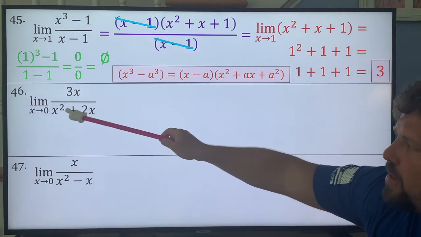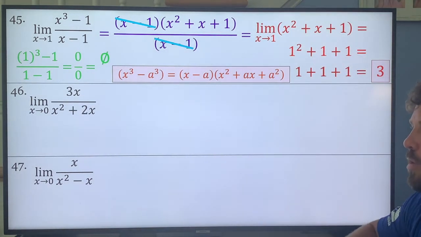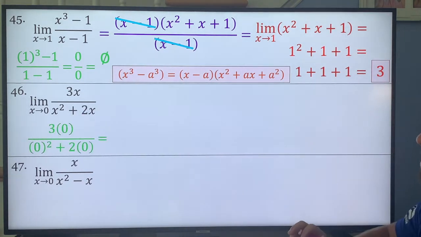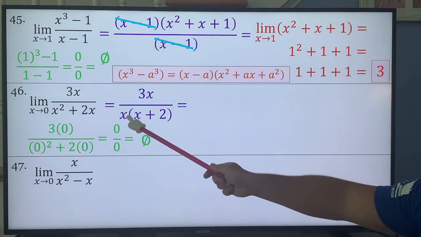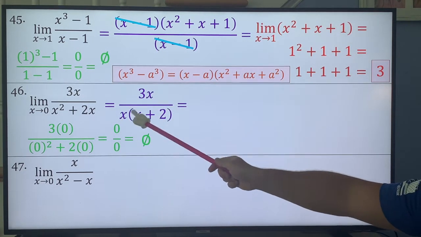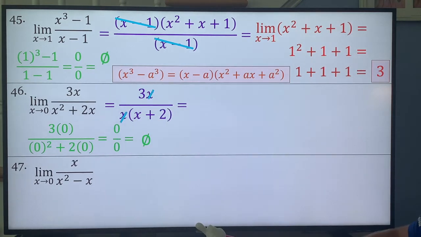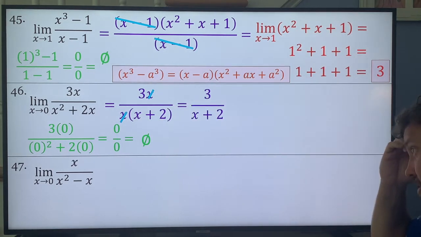Right here, what comes out of all those things? What can we pull out of the top? Well, it's by itself, so nothing. What about the bottom? You can pull an x out of the bottom. If I pull an x out of the bottom, I'm left with x plus 2. And now what cancels out in the numerator and denominator? An x. So if I cancel those out, I'm left with 3 over x plus 2.